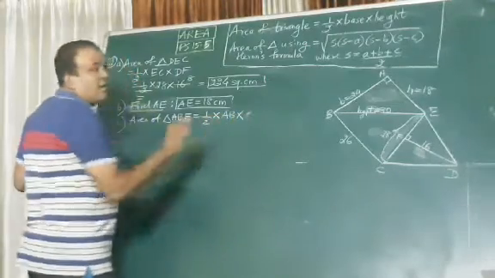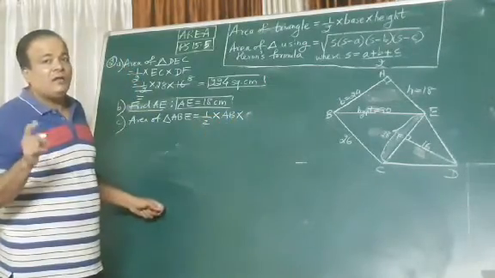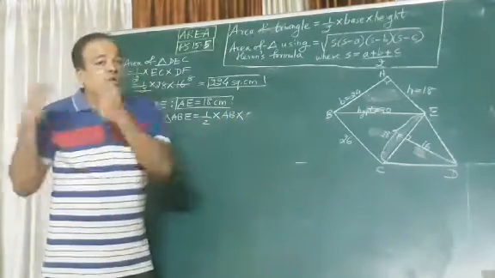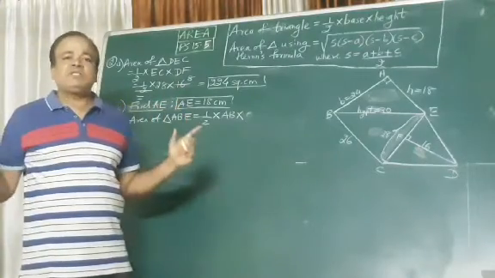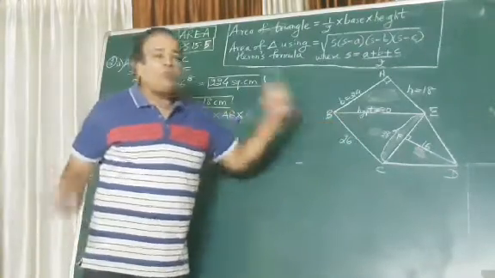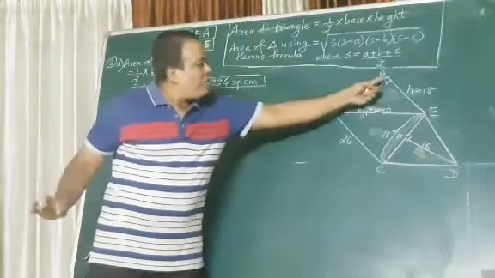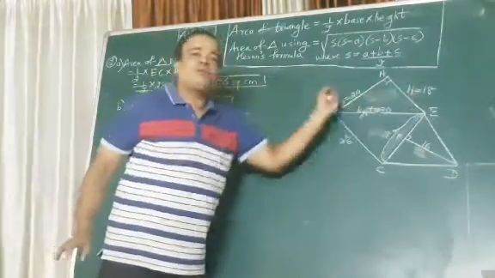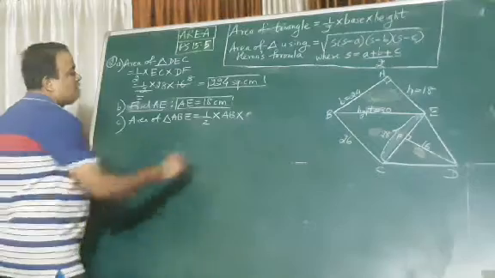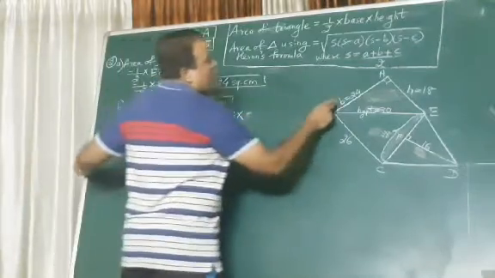Again I am repeating, who are my base and height? Leaving out the hypotenuse, the two remaining sides are your base and height. You can take any side as base and height, but don't take the hypotenuse as the base or the height. The hypotenuse is opposite the 90, leave that out. Take this as base and this as height, or this as base and this as height, that works. So AB base into height.